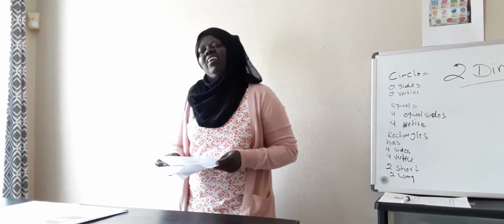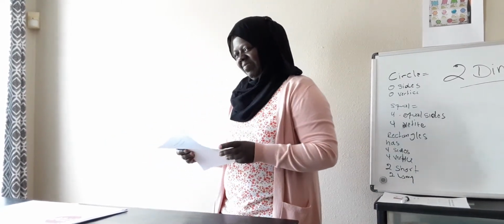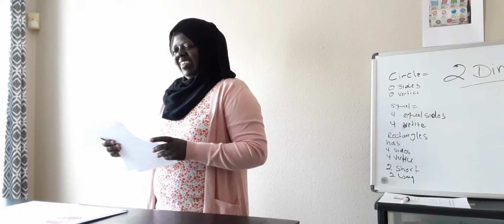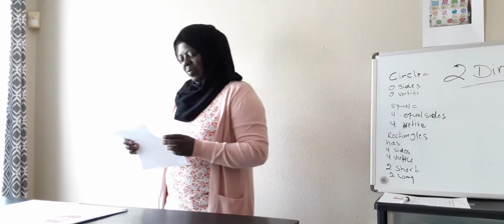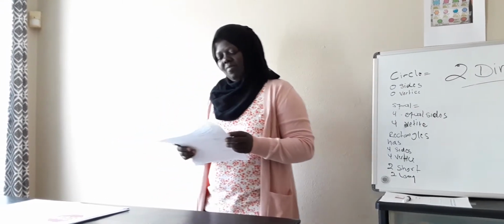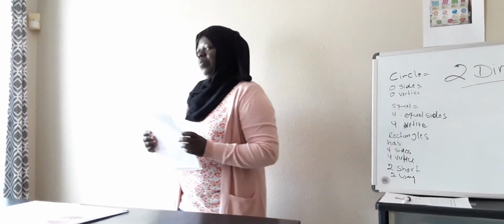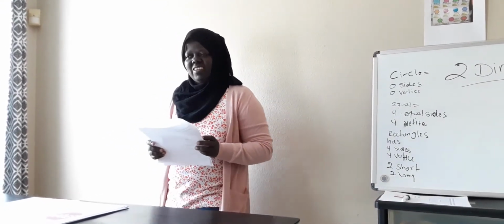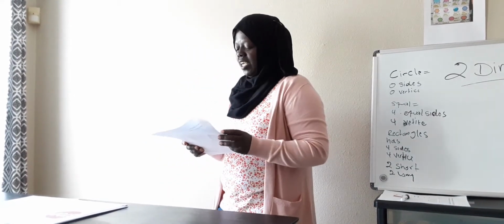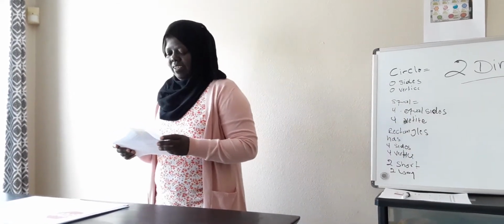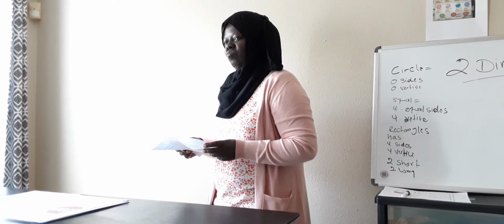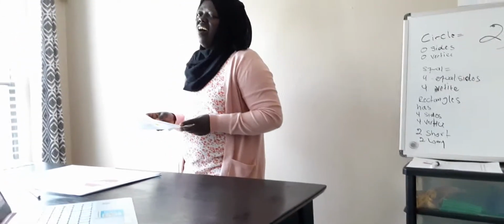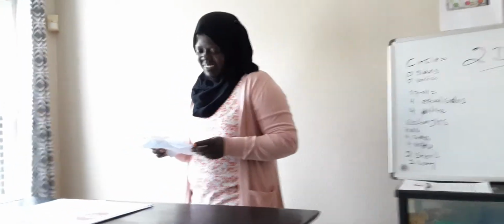Who am I, Alan? Hexagon. Thank you. That is correct, Alan. The last one will be Alex. I am a shape that has eight sides, eight vertices. Who am I? Octagon. Thank you, Alex. That's awesome.